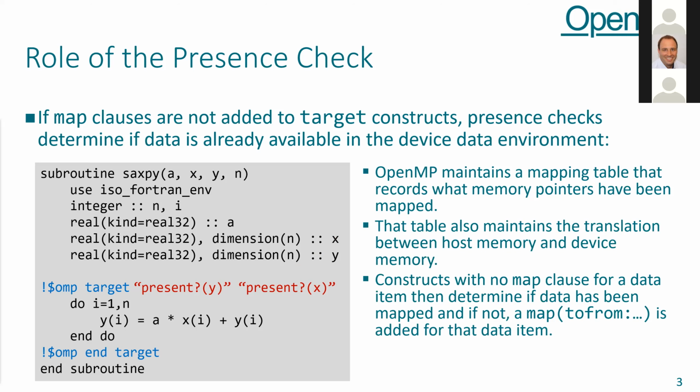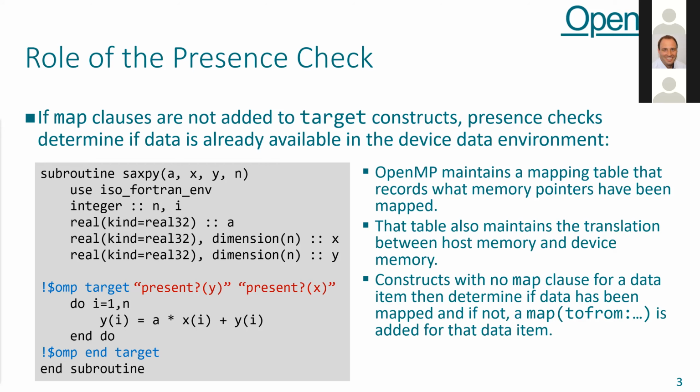And if that data has been mapped before, so OpenMP already knows about the translation of the host address to the corresponding device address of the associated variable in the GPU, then pretty much nothing happens. I mean, there are some things that are done internally, but from a logical perspective, pretty much nothing happens. The data is not transferred again.